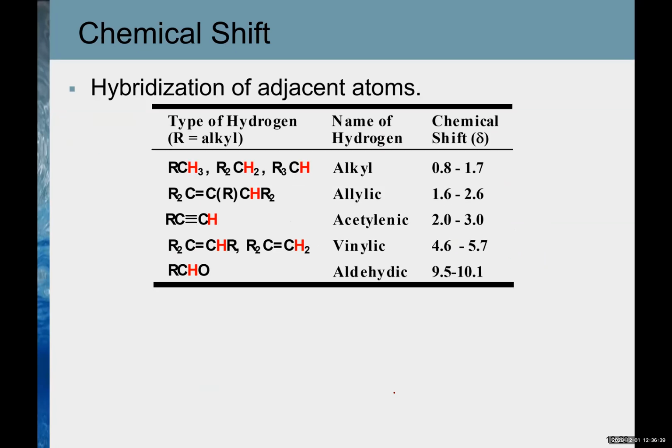Next, let's look at hybridization of adjacent atoms. This one is sp3 hybridized. This one is sp2.